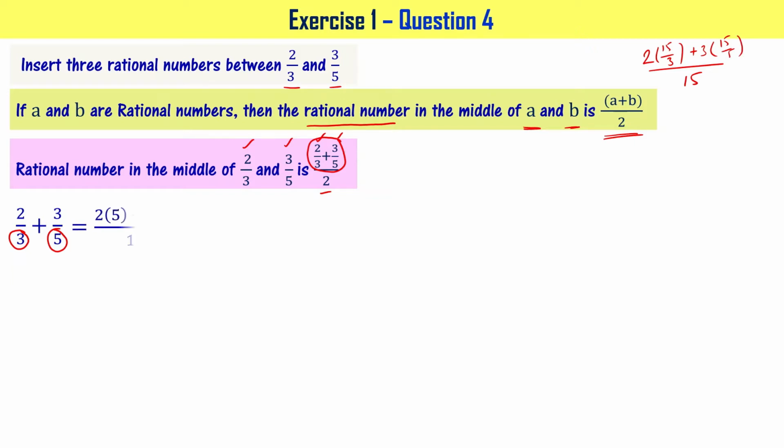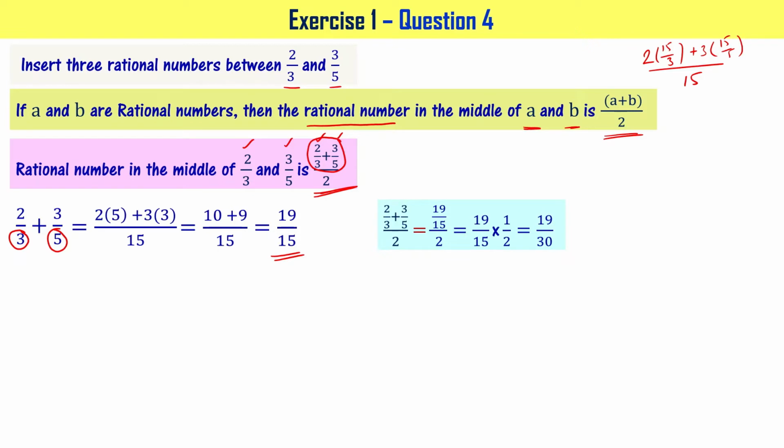When you simplify it, it can be written as (2 times 5 plus 3 times 3) divided by 15, right? It can be further written as (10 plus 9) divided by 15, that is 19 by 15. Now what we got is the value of the numerator of this particular number, right? Now let's find what is the value of (2 by 3 plus 3 by 5) divided by 2.